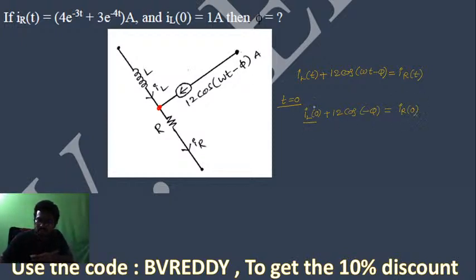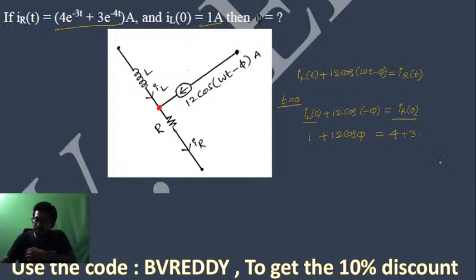They gave IL of 0 as 1, so this is 1 ampere. 1 plus 12 cos 5 is equal to IR of 0, where we should replace t is equal to 0 in this equation. If we replace t is equal to 0, what we will get is 4 plus 3.